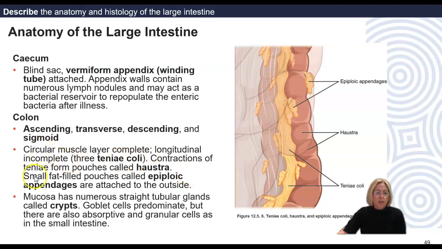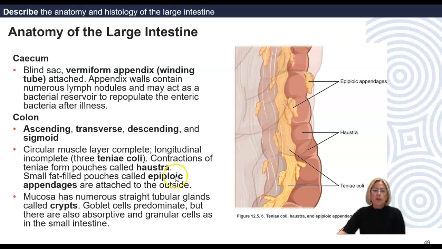And contractions of these tenia coli form pouches called haustra that give the colon its sort of wrinkly appearance. And small fat-filled pouches called epiploic appendages are attached to the outside.